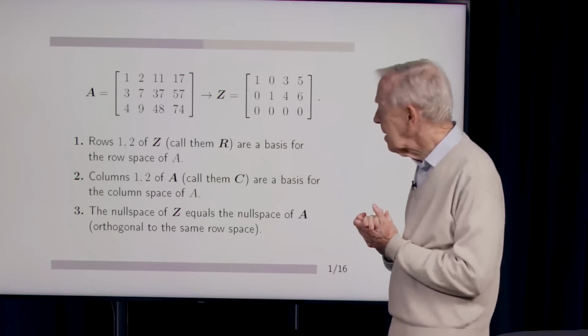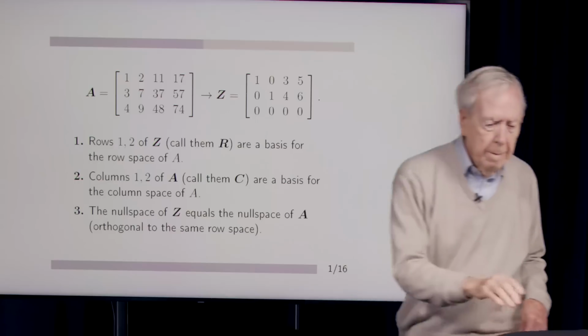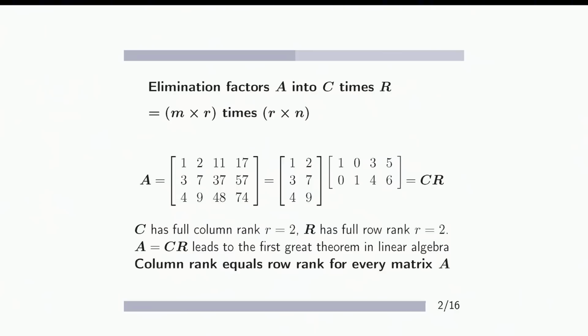Okay, ready for the next slide. Yeah, all right. Now my new point is to see that elimination process, which has been taught in linear algebra for quite a long time.